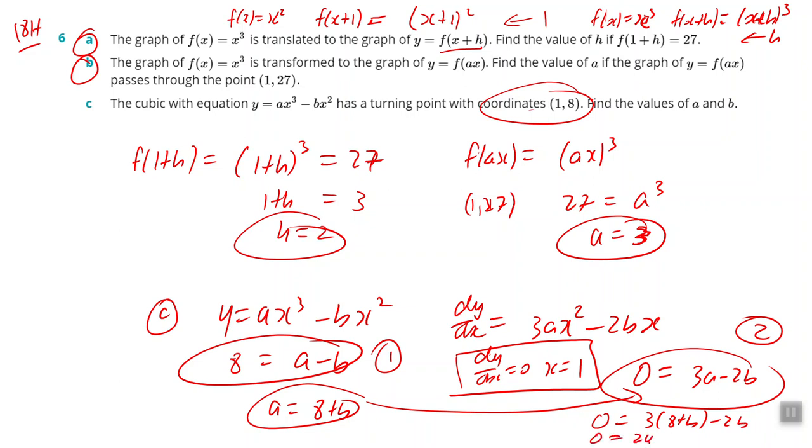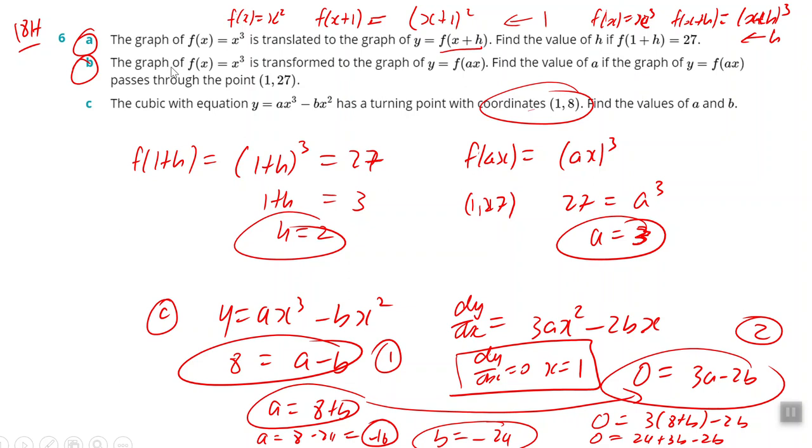So we've got 24 + 3b − 2b, so we've got b = −24. Okay, and then we sub this back into a. So a = 8 − 24, which means a = −16. Okay, so that's basically how you approach it.